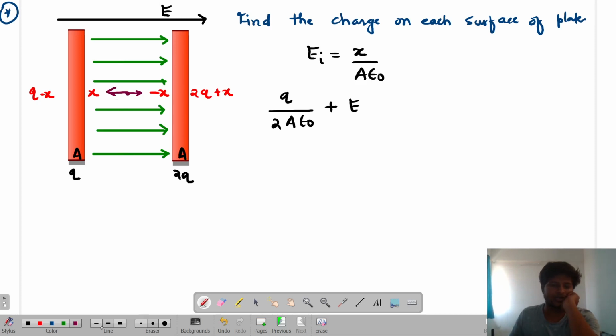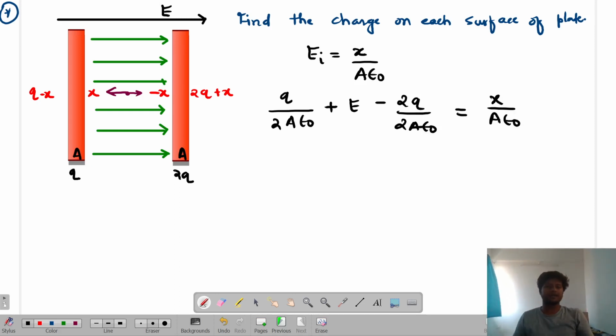So the electric field due to 2Q will be minus 2Q by twice A epsilon naught, and that must be equal to our E inner, which is X by A epsilon naught. Got the idea?